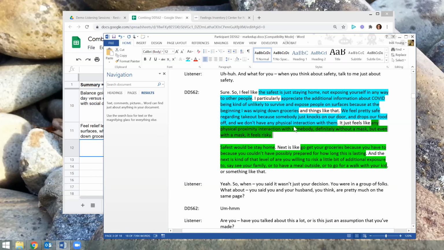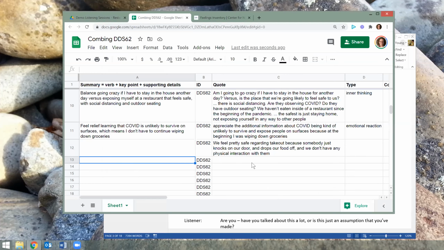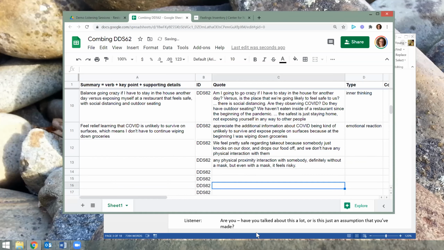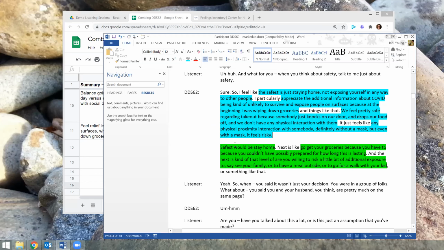And then there's this one. And that one goes there. Let's see what's next, just in case. Safest would be stay home. We already heard that. Okay. This is how she feels.